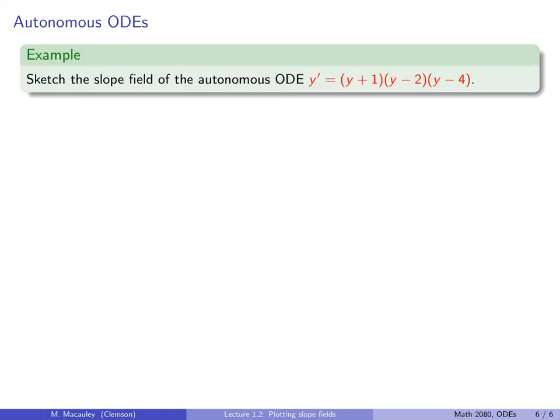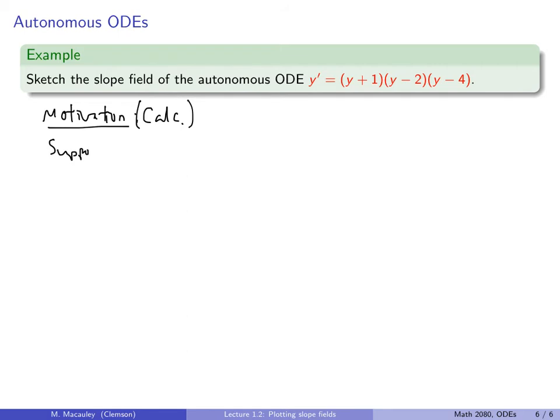Okay, so let's see why this is a special case and why we have a shortcut for this method. And I'll do this with an example. Sketch the slope field of this autonomous ODE. And what I will do is, as motivation, I'm going to recall a problem from basic calculus. So motivation from calculus.